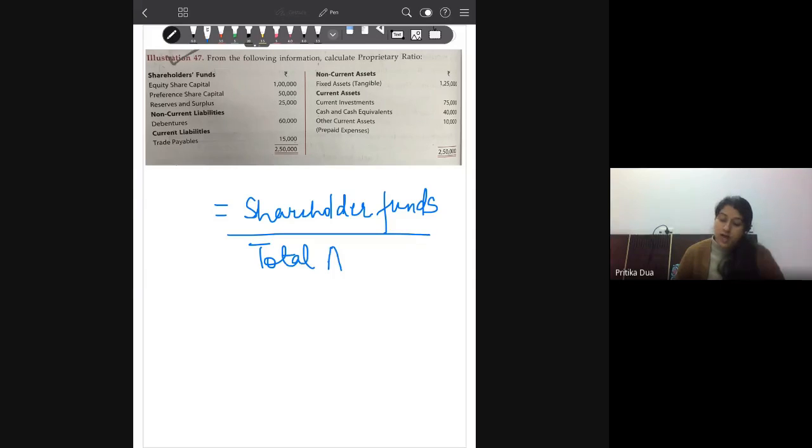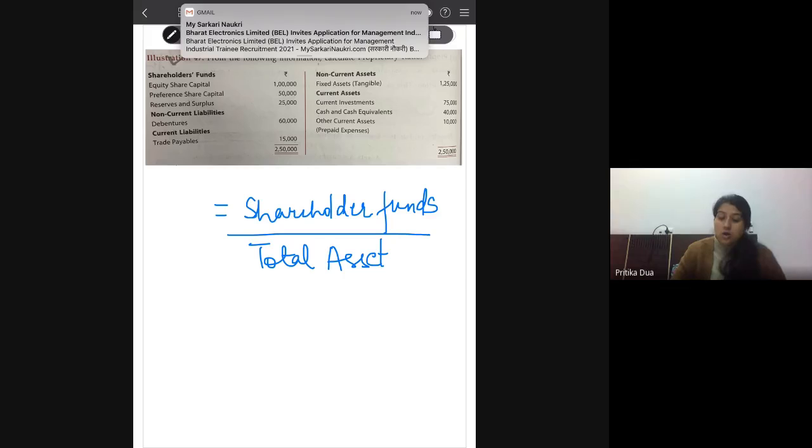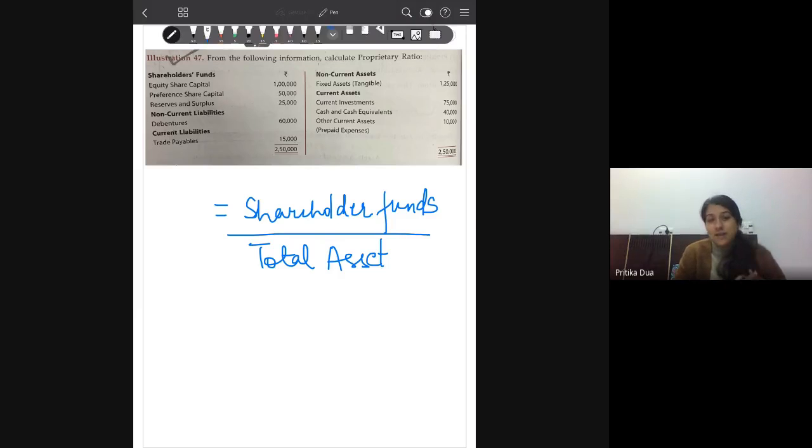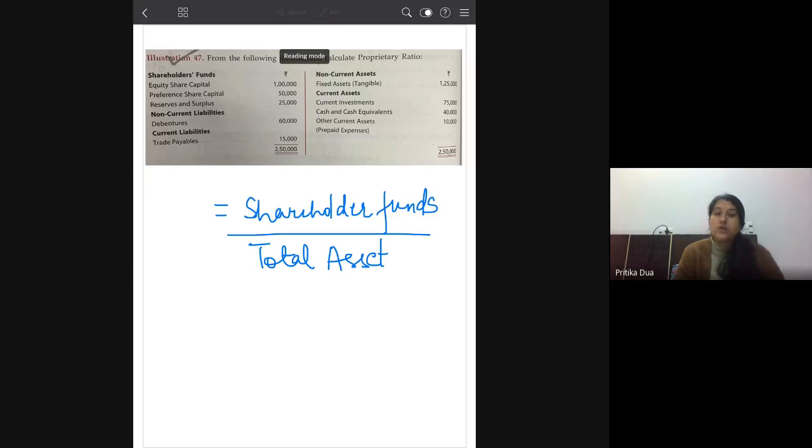So how much of the total assets of the firm are being financed by the owner funds, क्योंकि शेयर होल्डर्स को हम ओनर्स बोलते हैं फर्म का. तो ओनर्स अपने तरफ से जो फंड्स लाए हैं उनमें से कितना पोर्शन टोटल एसेट्स का फाइनेंस हो रहा है.